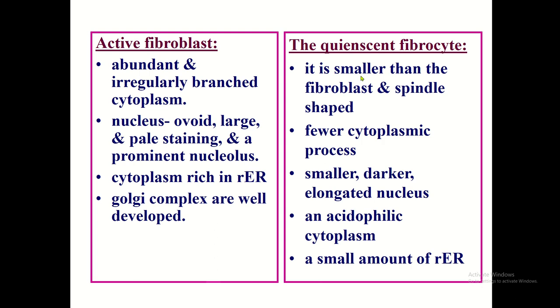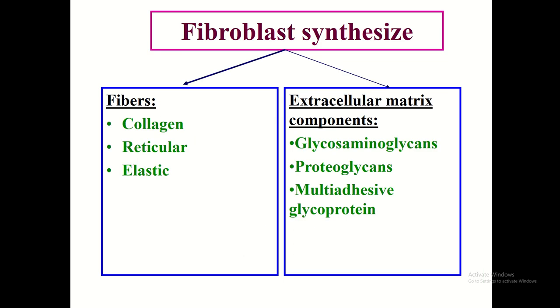The inactive fibrocyte is smaller than the fibroblast and spindle-shaped, with fewer cytoplasmic processes, smaller darker elongated nuclei, acidophilic cytoplasm, and a small amount of rough endoplasmic reticulum. The fibroblast synthesizes collagen, elastic and reticular fibers and also the extracellular matrix components.